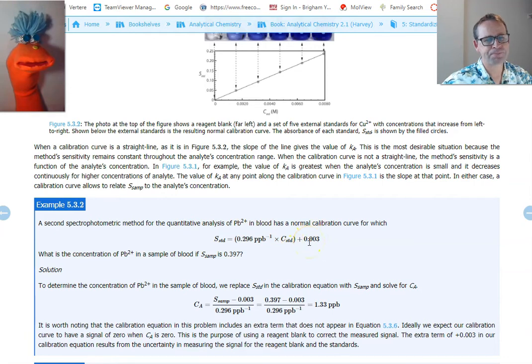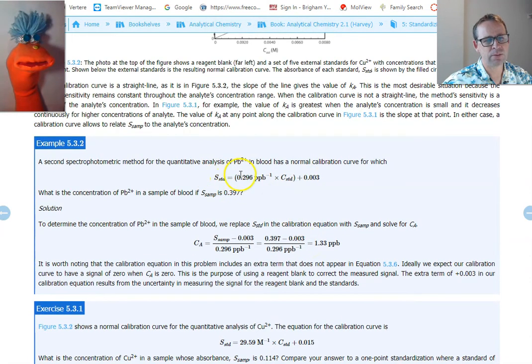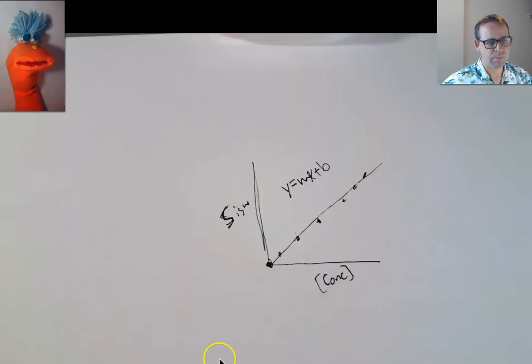Now notice that in this equation, y, the signal or response, is on our y-axis.